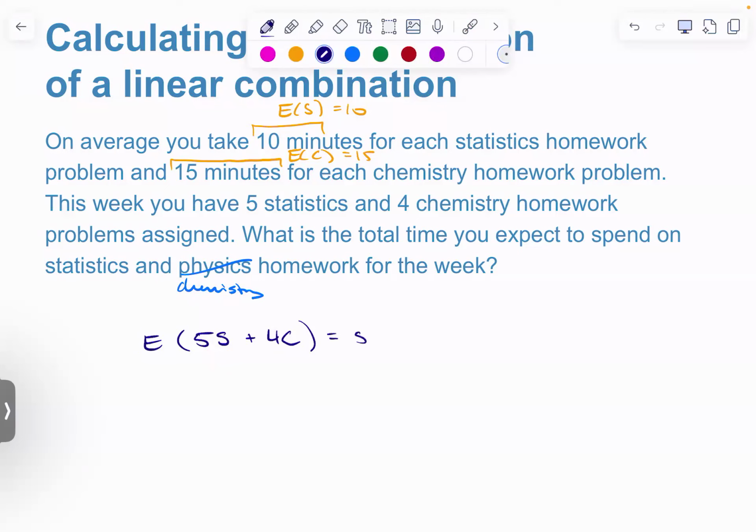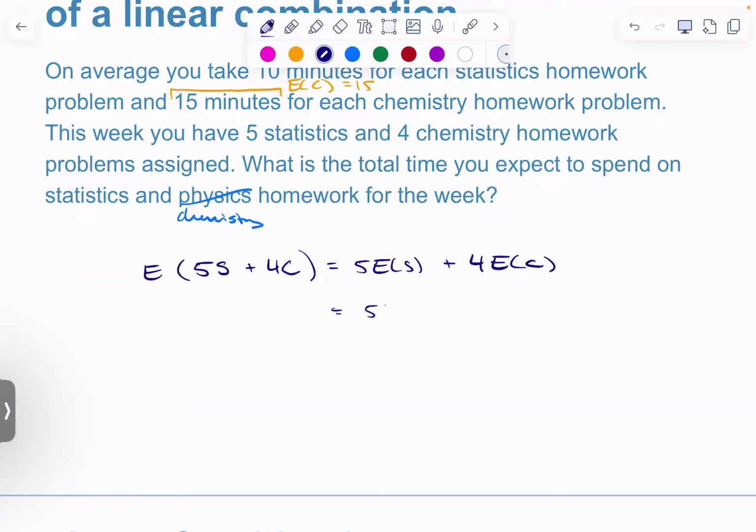So this becomes 5 times the expected value of S plus 4 times the expected value of C. Which is 5 times 10 plus 4 times 15. 50 plus 60. 110 minutes. Or almost 2 hours.